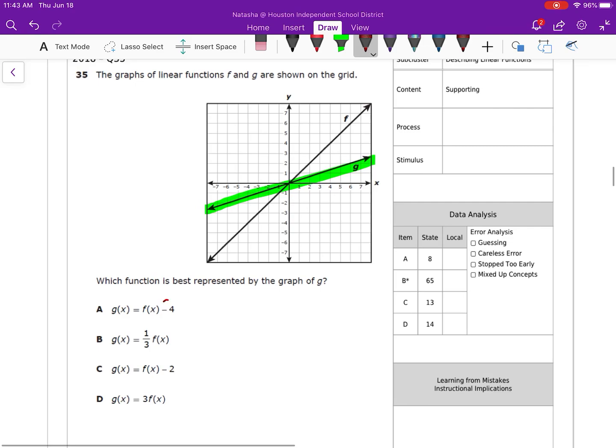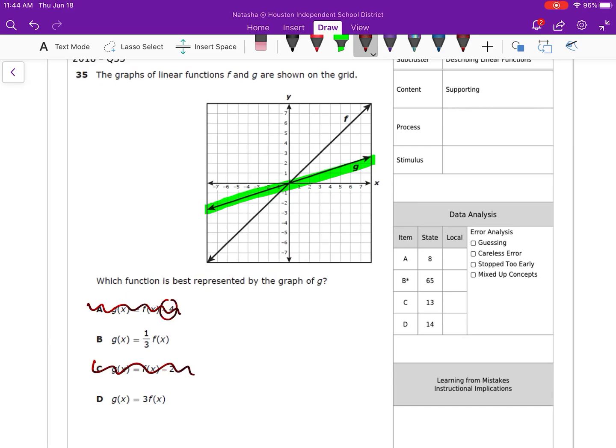So that means that A has negative 4. That means that the y-intercept, or it's shifted down 4 units. So that's definitely not going to work. We don't have a shift up or down. We don't have a shift along the y-axis from our parent function. Same with C. And both B and D are outside the parentheses.